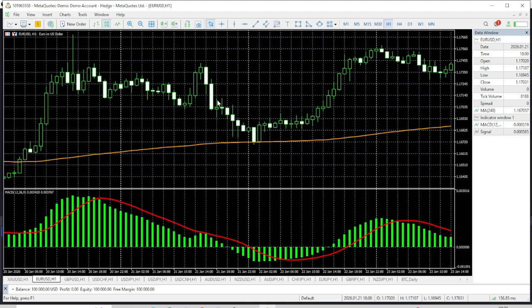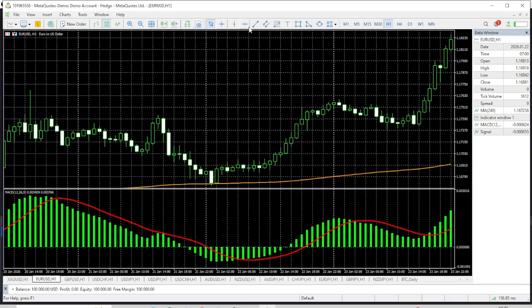Here we see that the price came down and hit the 240 EMA, that is the moving average, and then the market bounced back and continued to move upward. So at this point, dropping down to the MACD, we see that the signal line of the MACD and the histogram bars both were now below the 0.00 level.